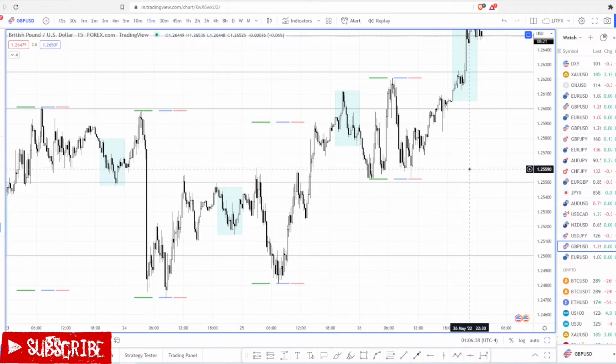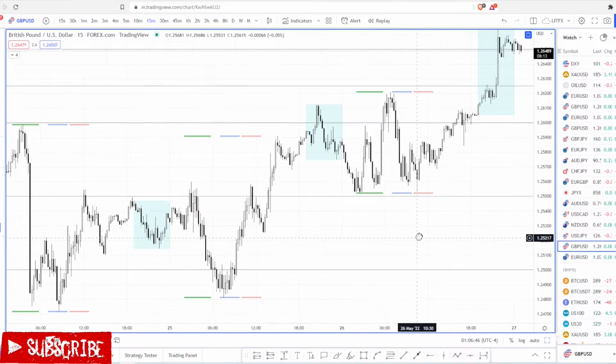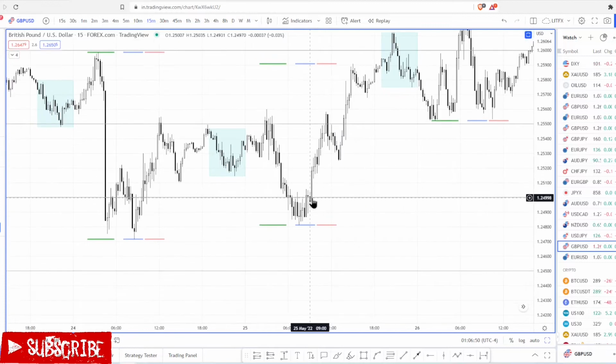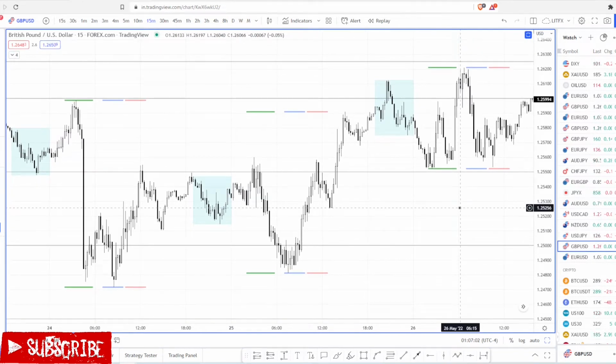So I've inculcated that in my strategy, and I'll show you how I took this trade here at this particular time on lower time frame, to show you how the algo works at certain times.